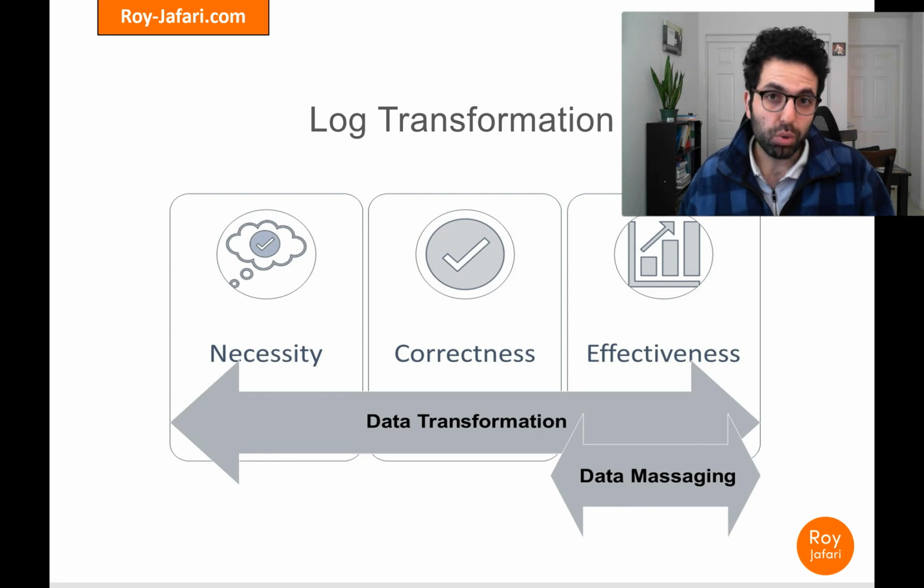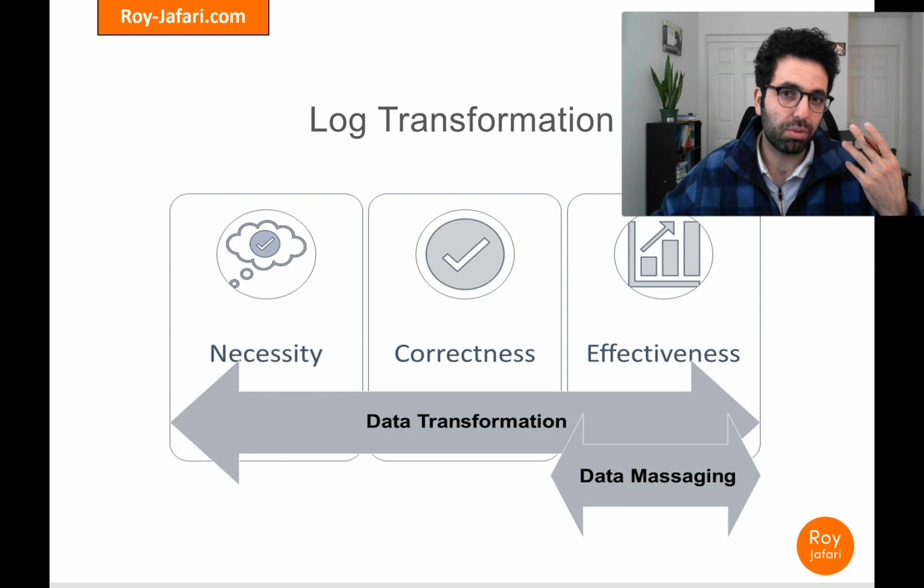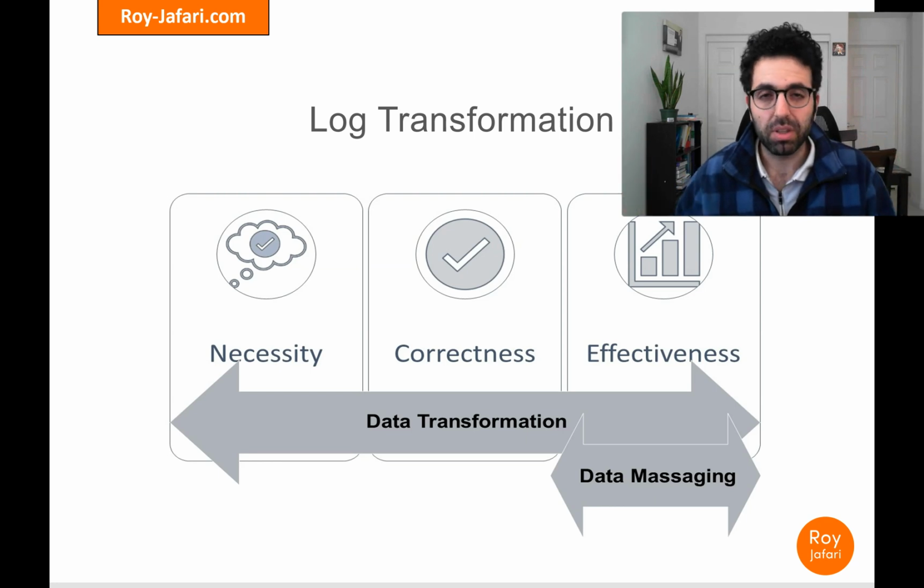Or if you didn't do this, you would have biased outputs, for instance, clustering or KNN outputs. Because of that, I do think the difference between data transformation and massaging is not black and white, but I would put log transformation as only data transformation and not data massaging.